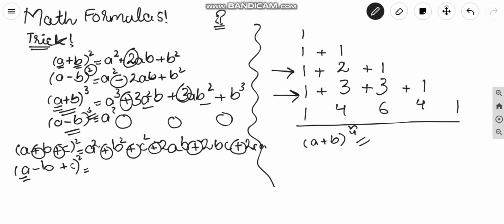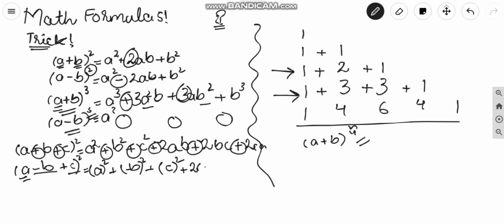Okay, just place all the signs of plus. First write, here is a, so write a square plus, here is minus b, write (-b) whole square plus, here is c, so write c square.